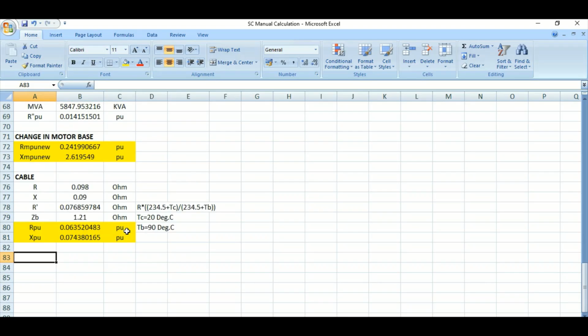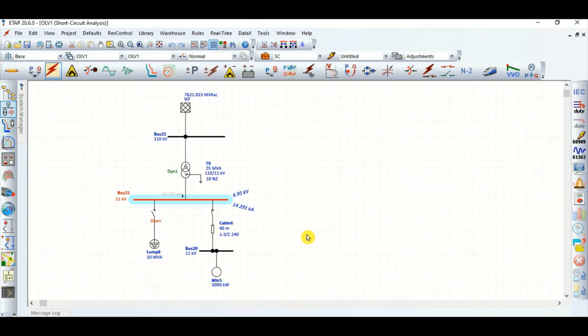Now we need to calculate the Thevenin equivalent impedance as seen from this fault location, because we have created the fault at the 11 kV bus. On the source side, the grid and transformer are in series.